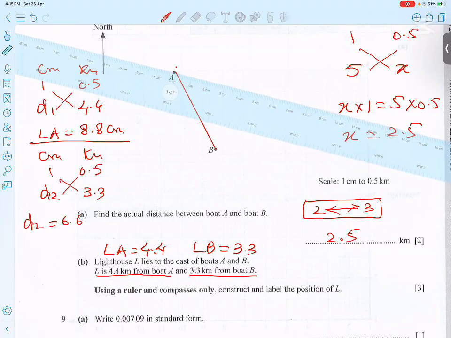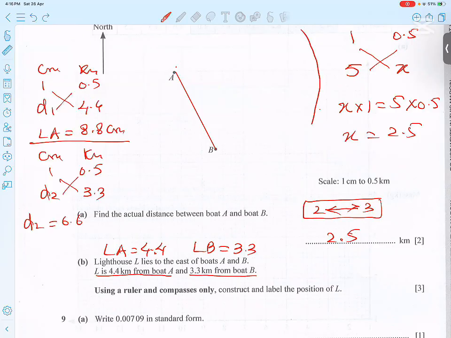Okay, approximately, I'm looking for the LA distance, 4.4 converted to 8.8. 8.8 is somewhere here. I remove the scale. It means if I put a compass here, I get this kind of arc. Okay, I make a rough idea so you people can understand.